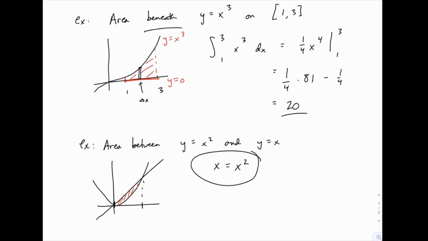Because when you divide both sides by x, you're assuming that x is not 0, because we're not allowed to divide by 0. So the moment you say, let's divide both sides by x, you're saying, let me ignore the possibility that x is 0 and proceed from there. So if you do that, you'll figure out x equals 1 is one of your answers, but you'll miss the possibility that x could be 0.